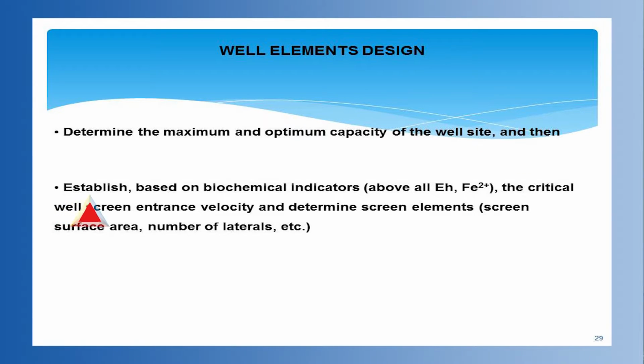After that, establish the critical well screen entrance velocity based on biochemical indicators, above all redox and ferrous iron content, and after that determine the screen elements: screen surface area, number of laterals, and such things.